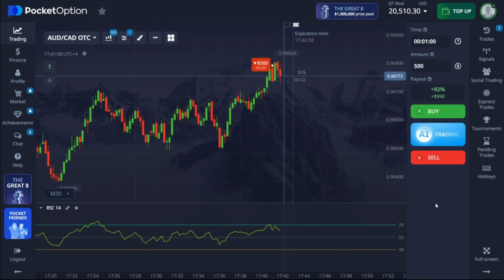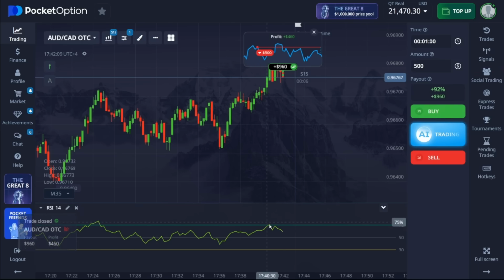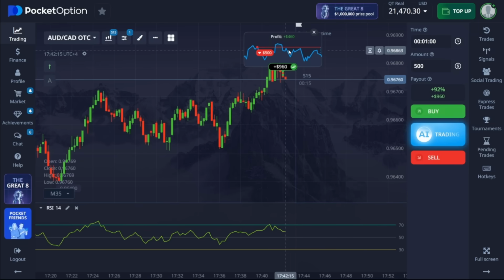Analyzing, watching, picking pairs, drawing zones. With the bot, it's all done for you. Trade closed in the money. Another $460 profit. RSI reversed exactly as expected in the overbought zone.